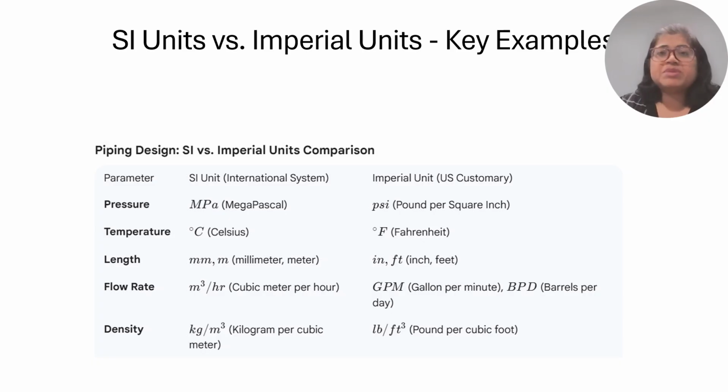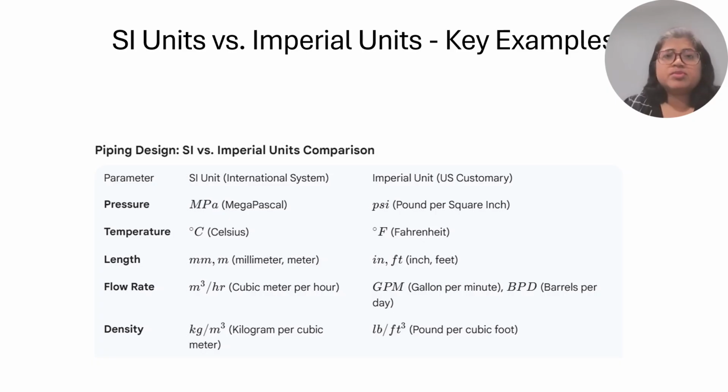So always specify if the pressure is gauge or absolute. In temperature, the conversion follows the formula: temperature in Fahrenheit equals temperature in centigrade times 1.8 plus 32. And this is a very critical formula for calculation of thermal expansion.